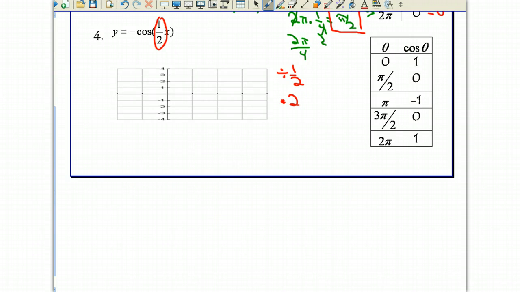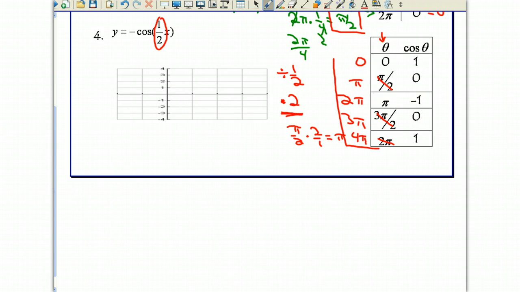So all the x-coordinates get divided by 1/2, otherwise known as multiplying by 2. So 0 times 2 is still 0. Pi halves times 2, or 2 over 1, I can cross cancel. That now becomes pi. Pi becomes 2 pi. 3 pi halves becomes 3 pi. And 2 pi becomes 4 pi.